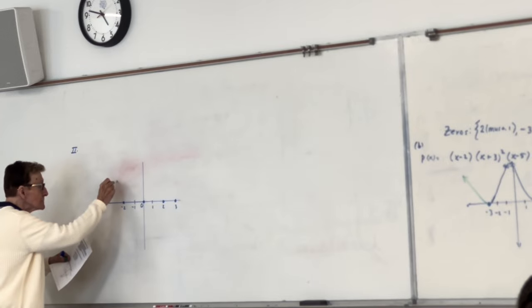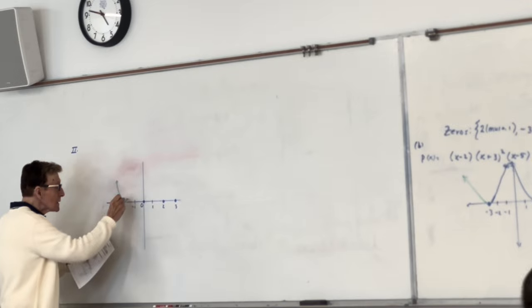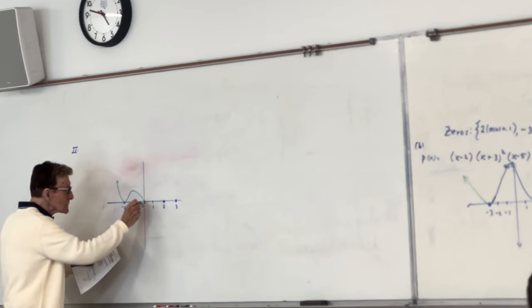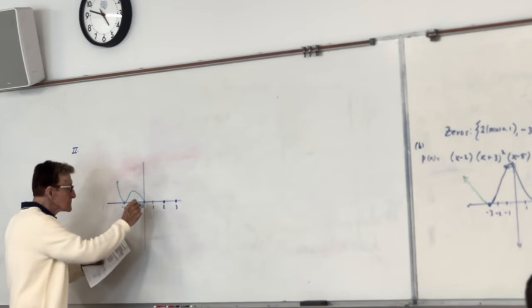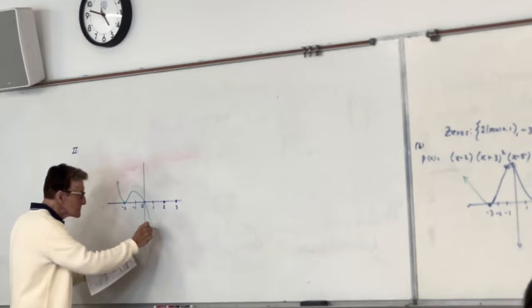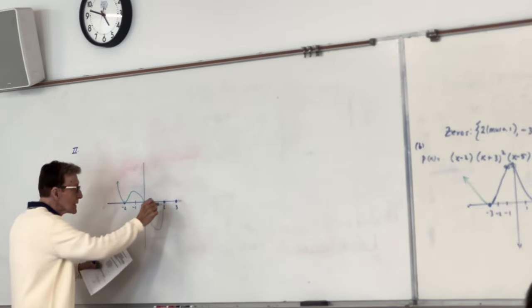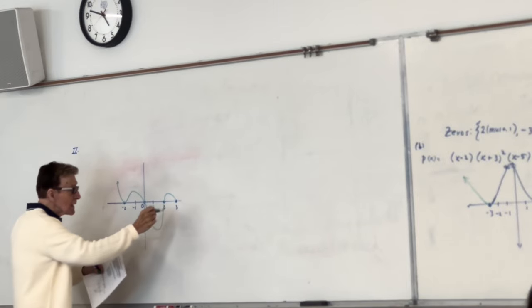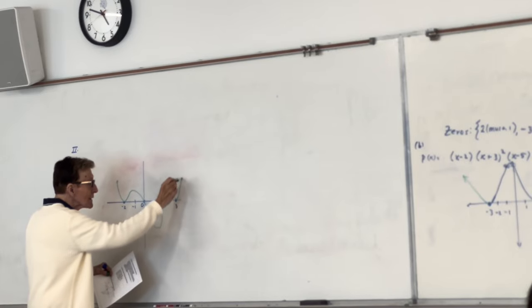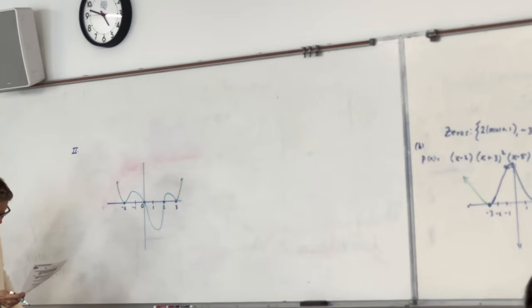Going down, gets that 0, x-intercept, goes up, comes over, picks up that 0, it drops down, comes back up, picks up 2, it goes up, comes back down, picks up 3, touches, bounces back, out there. Looks something like that.